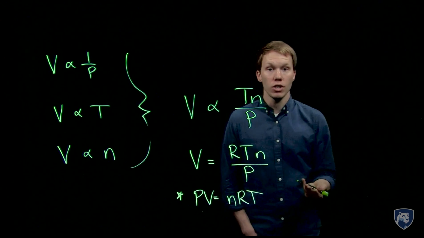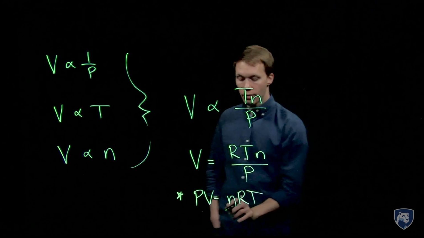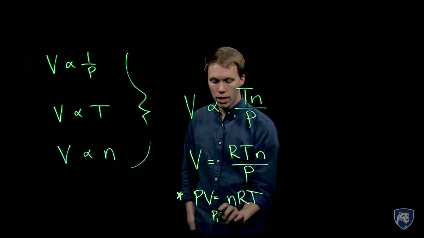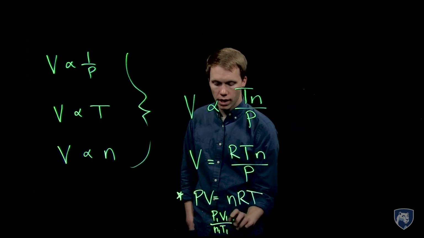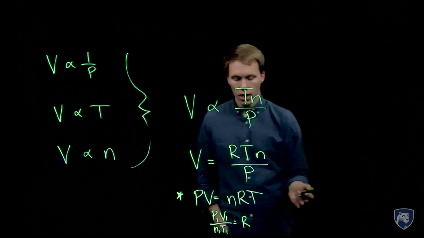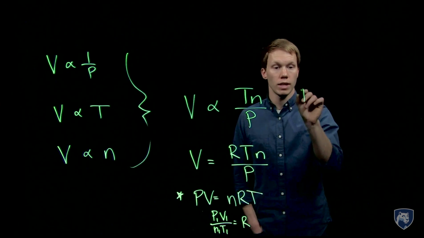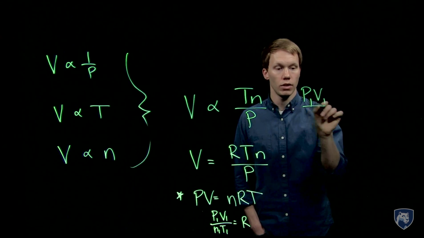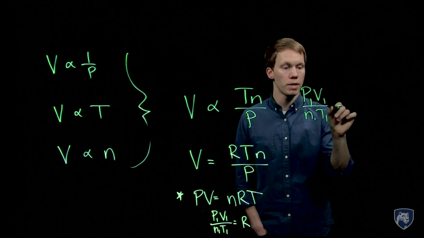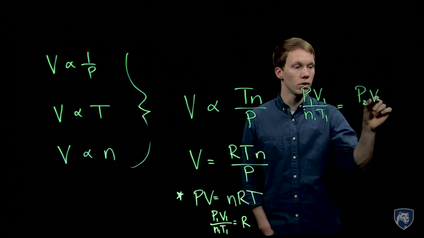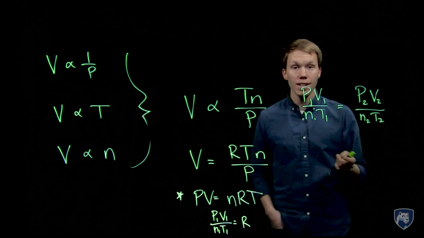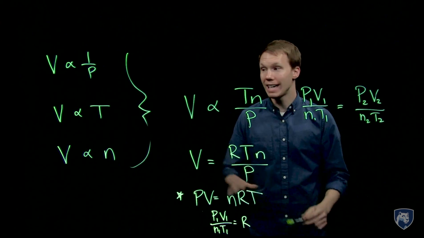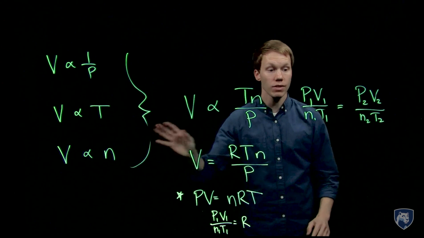And if we're thinking about change of state problems, right, we can rearrange this and say P1 V1 over N1 T1 equals R. So if we have two scenarios, P1 V1 over N1 T1 would be equal to P2 V2 over N2 T2. And from this, we can derive any of the three gas laws, right?